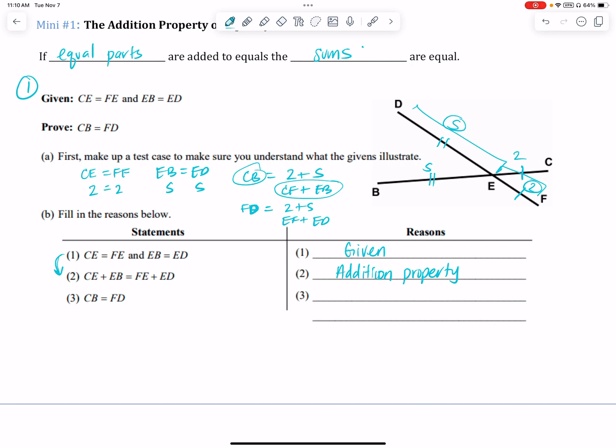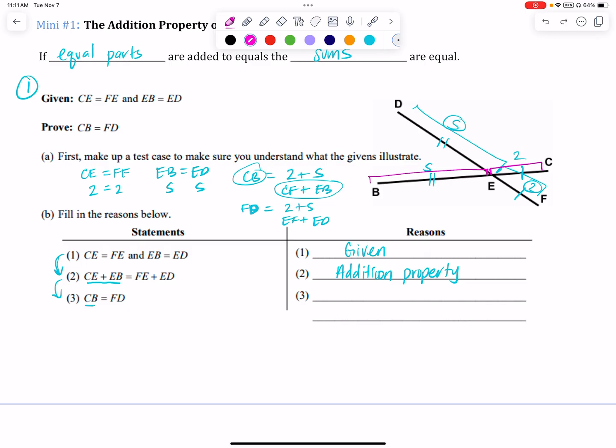And then from here to here, how do we get CE and EB to CB? We know CE is here, EB is here, and that equals CB, the total.